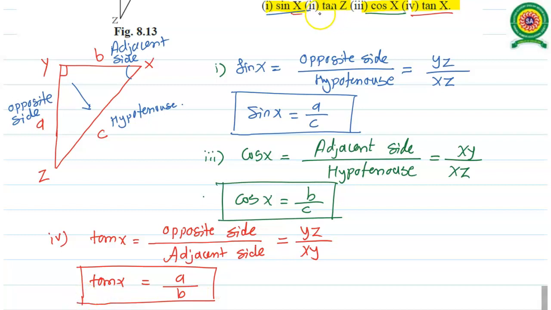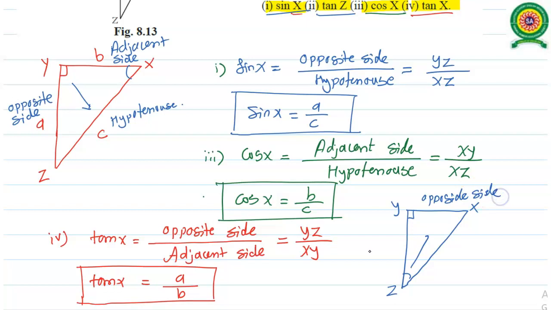Now look at the second sub question. We have to evaluate tan z also. So let's have the same triangle again, which is right angled at Y. We have the name of the triangle XYZ. With respect to angle z, we have the opposite side is XY, while adjacent side is YZ, and the hypotenuse we have opposite to 90 degree, that is XZ.